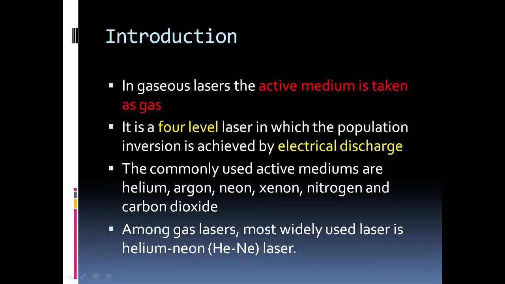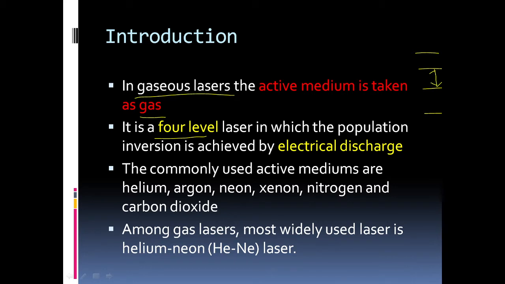Let me start with the introduction. Introduction for helium neon laser. Helium neon laser is a gaseous laser in which the active medium is taken as a gas. It is a four-level laser in which we use four levels: 1, 2, 3, 4.